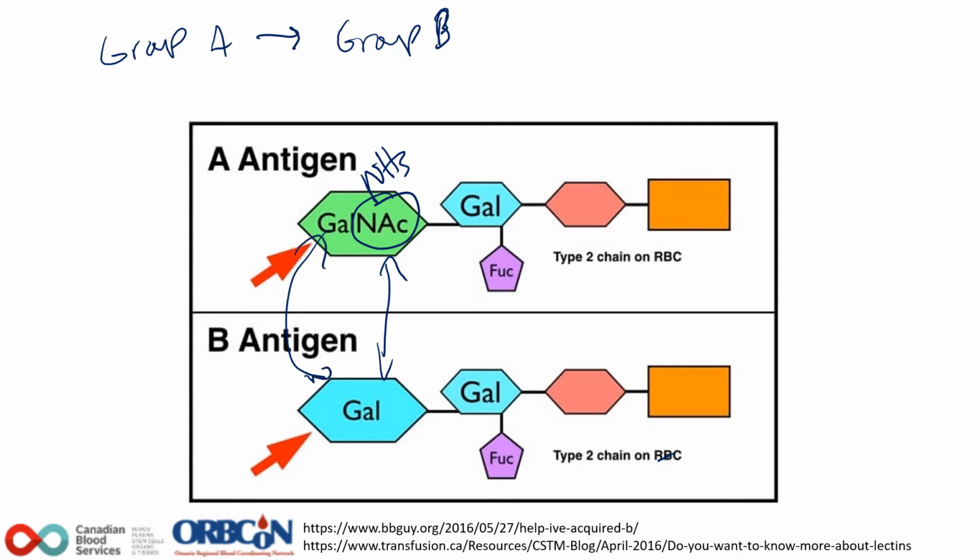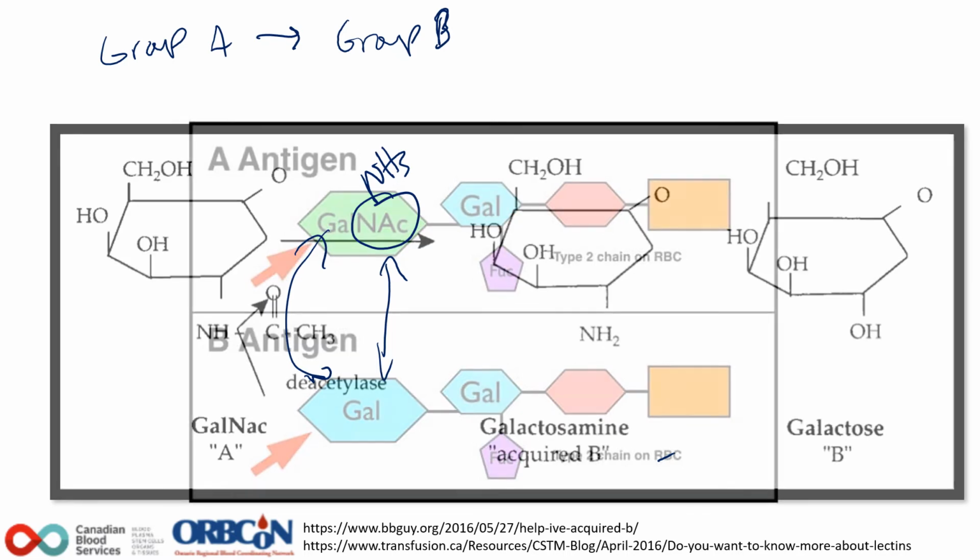This is purely an in vitro phenomenon. Even though the human body can form antibodies that are, quote, group B as a result of this, the fact that we see it in tube is due to the fact that we're using monoclonals that are very specific for a certain epitope. So let's take a closer look.